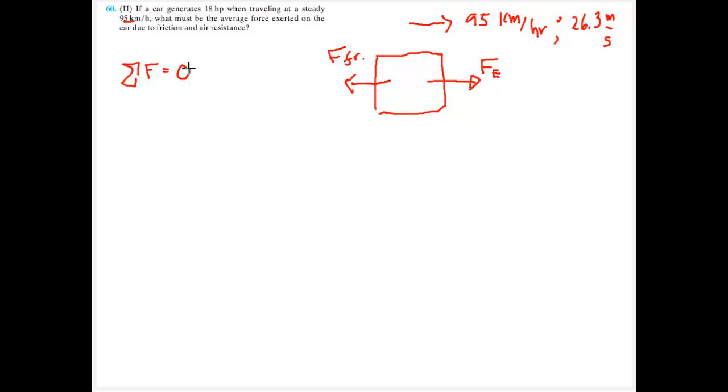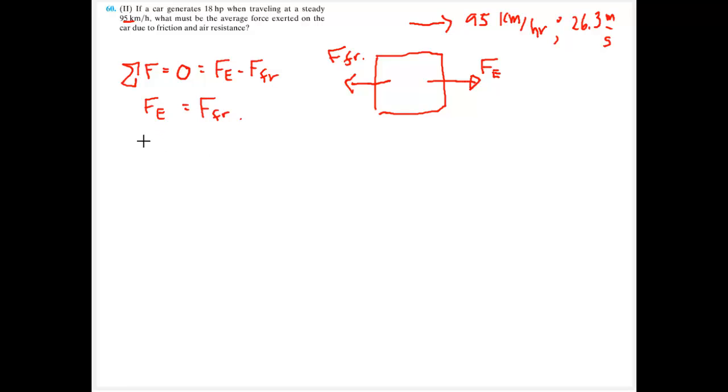The velocity is steady, so the acceleration is a big fat 0, and therefore we have the force of the engine minus the force of friction equals zero. So the force of the engine is equal to the force of friction.